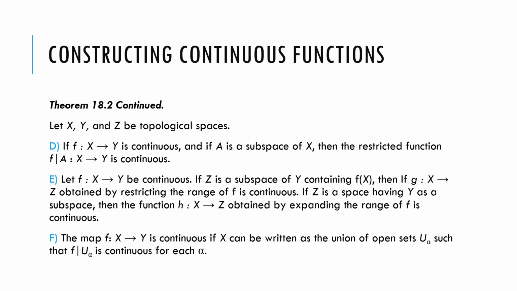And then in E, we considered if we have a function F which maps X into Y, which is continuous. It basically says that if we expand or restrict the range of the function, it would be continuous again.